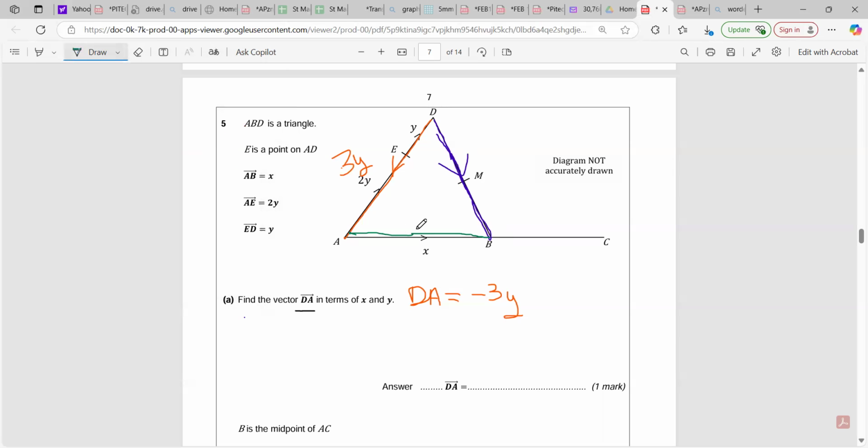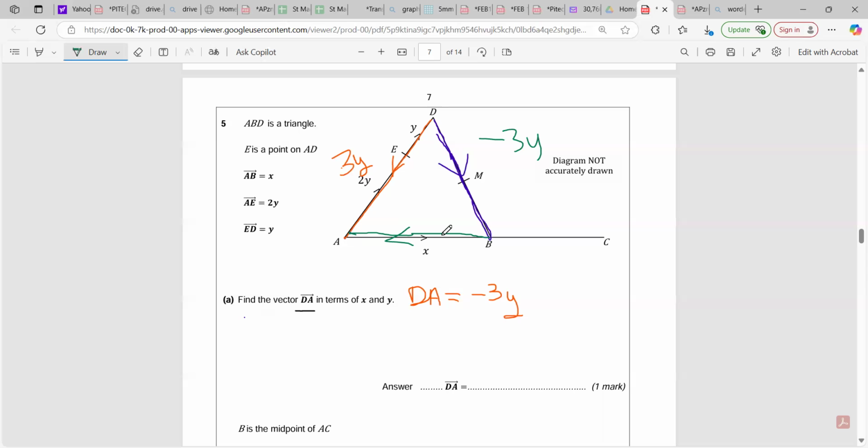But if you look closely, you can see that they didn't give us a measurement for DB, right? Let us figure out DB first in order to do it this way, because we need to know the length from D to B. So we go this route against the arrow, so this will be minus 3y, all of this, right?